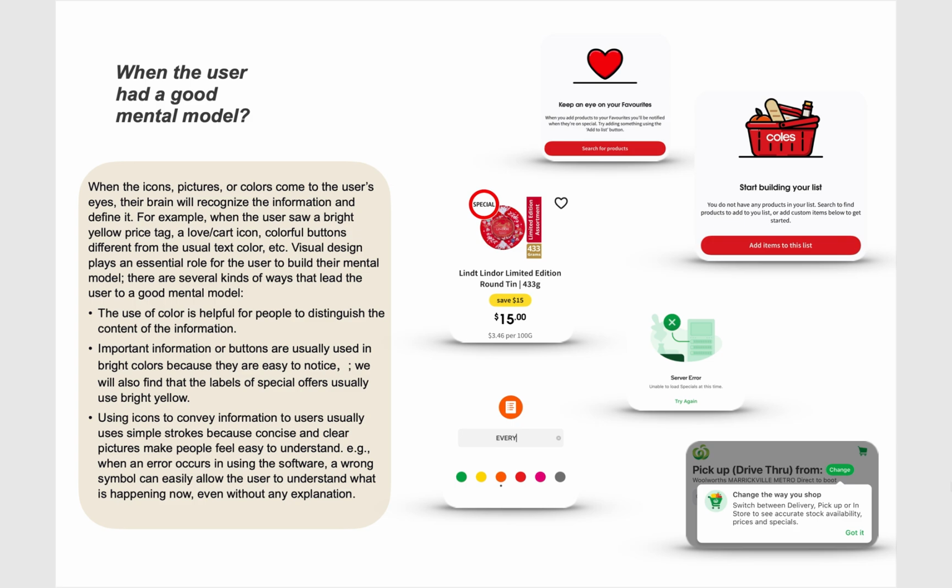Otherwise, icons that convey information to users usually use simple strokes because concise and clear pictures make people feel easy to understand. For example, when an error occurs in using the software, a round symbol can easily allow the user to understand what is happening now, even without any explanation.